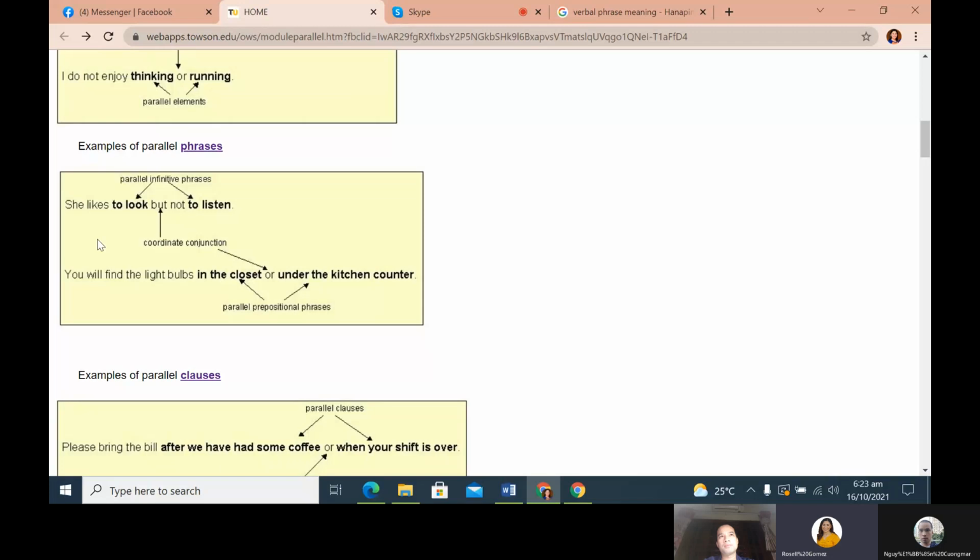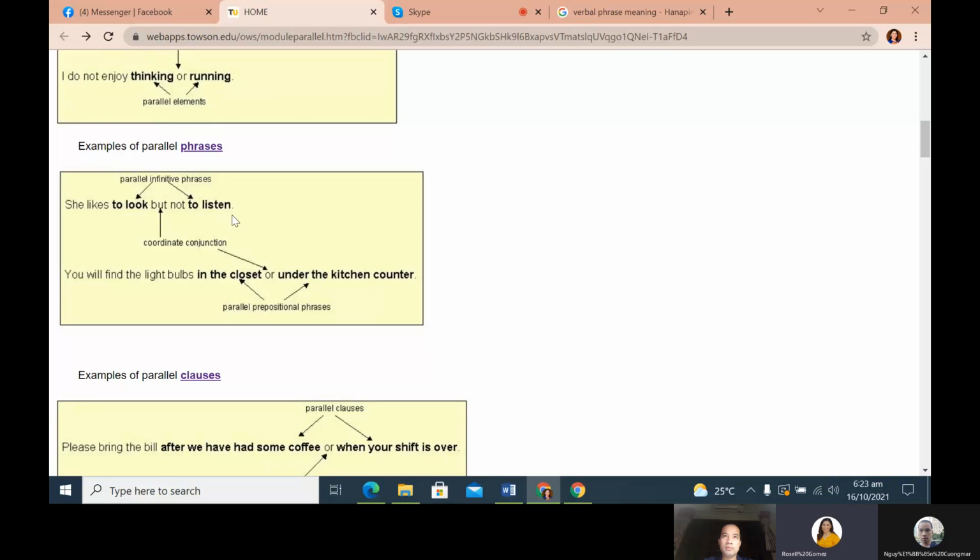It's not correct when we base it on the rules in English. "She likes to look, but not listening" is wrong. You have to use a similar construction. If you use an infinitive verb in the first part, you also use another infinitive verb to complete your sentence.